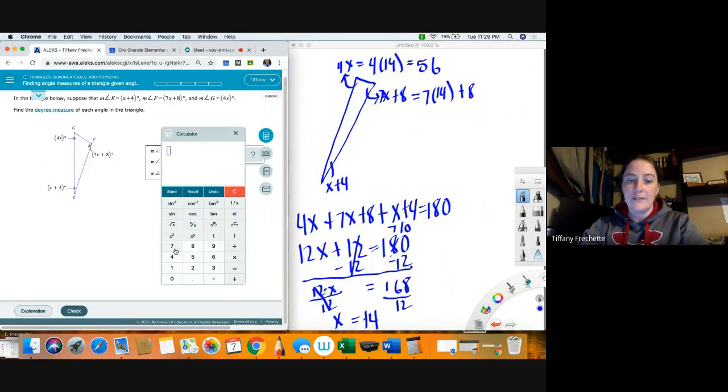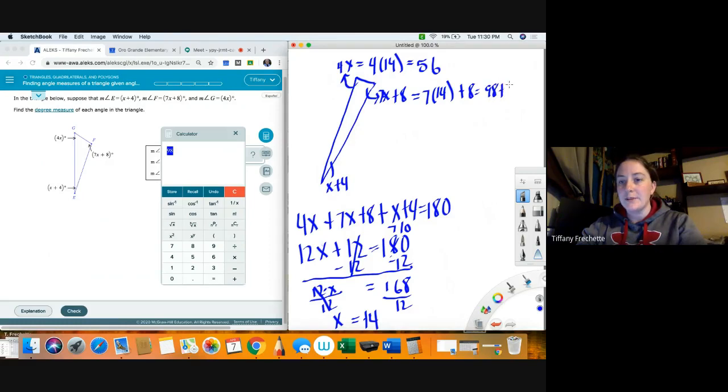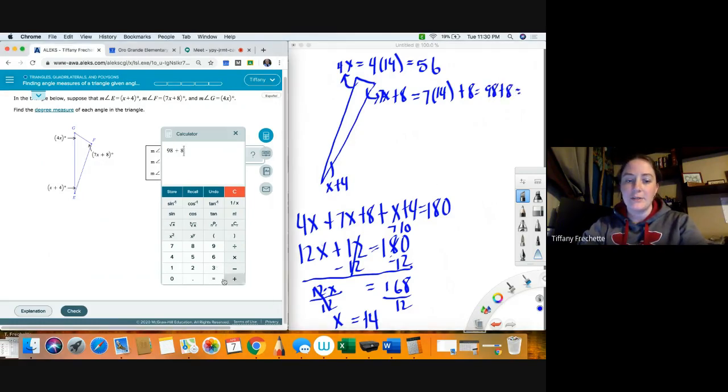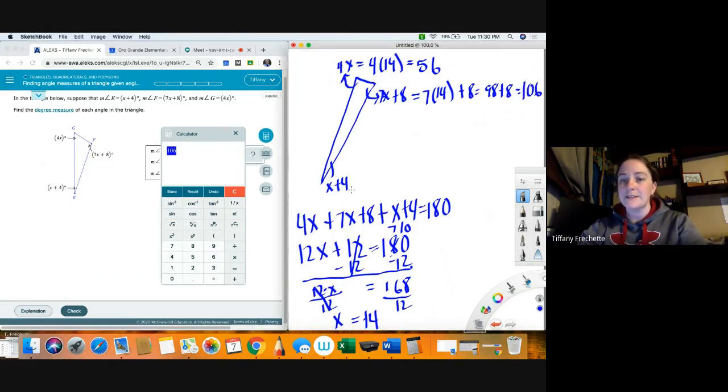So we have 7 times 14 equals 98 plus 8. We can probably do this without a calculator, but I'm going to type it in anyway. 106. All right, and this last one, 14 plus 4 equals 18.